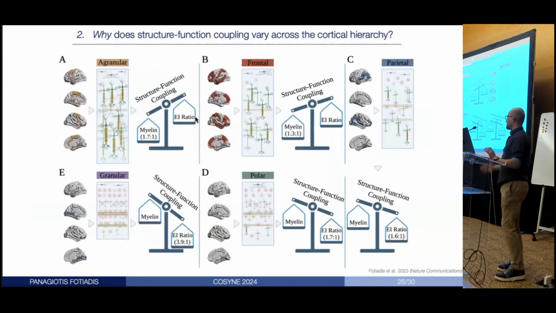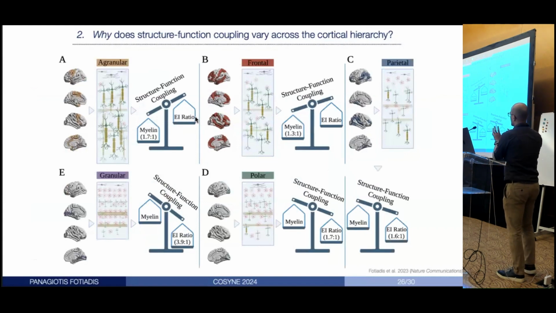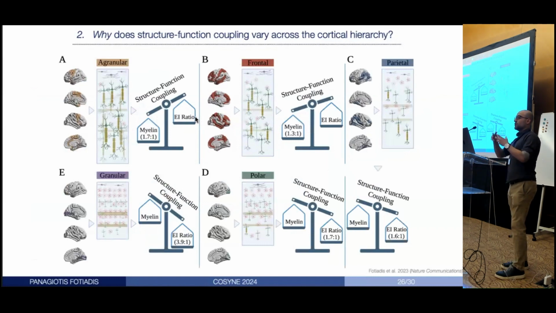And just very schematically, the last result that I wanted to show was essentially that there seemed to be this really nice transition of power, where when you start with agranular cortices, which as I mentioned earlier are characterized by long pyramidal cells that span across different cortical layers, in those layers myelin seems to play the most important role in predicting structure function coupling, whereas excitation inhibition balance doesn't do as much.